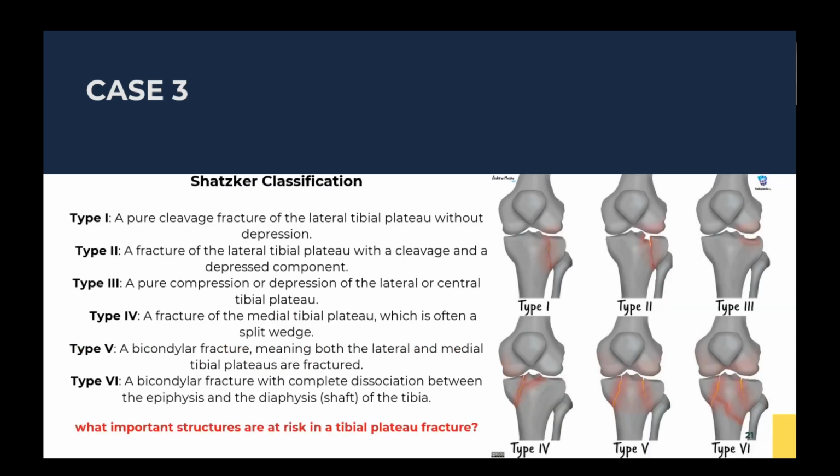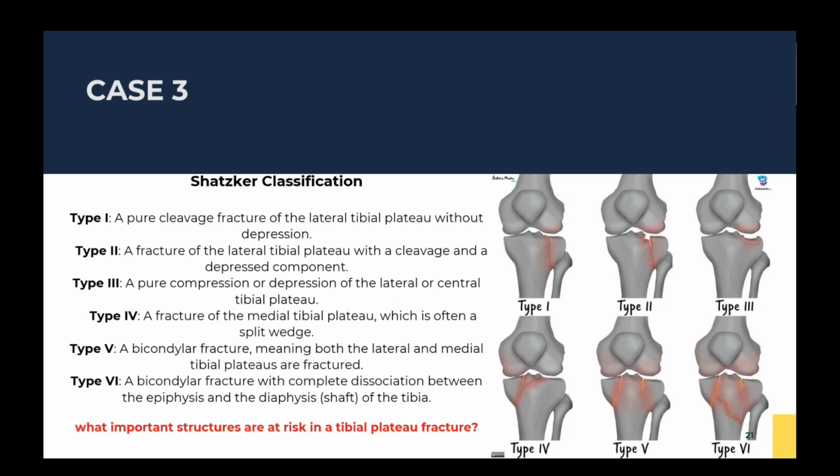Yeah, Schatzker. So the Schatzker classification is what we use for tibial plateau fractures. It looks like quite a lot, but Dr. Raja told me that there is a breakup analogy that you can use to remember it. It might be too long for me to explain here, but I think it's a very good way of remembering it. So I'll let you do that on your own time.